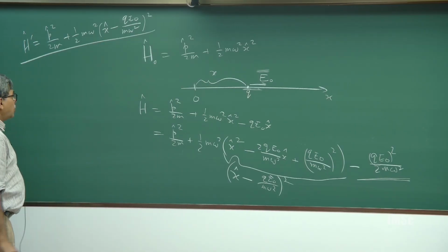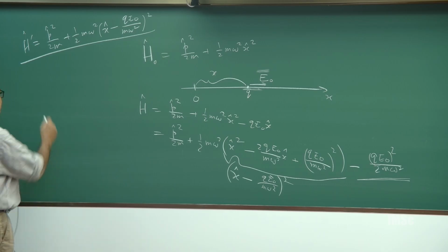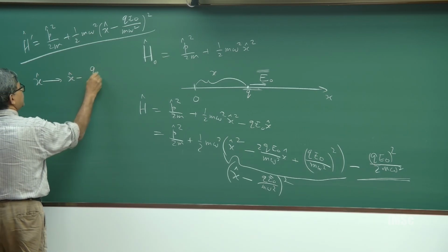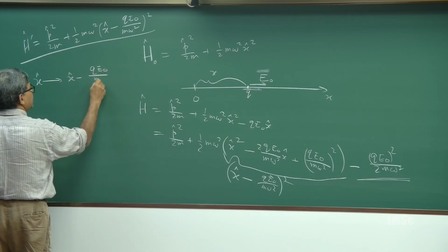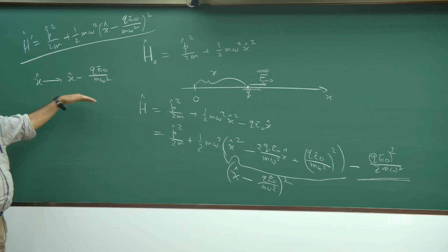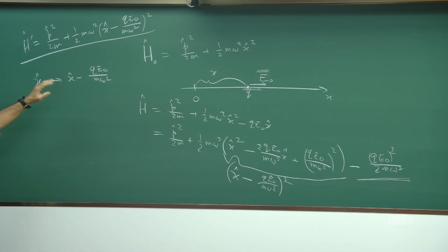Okay. So, this transformation that I take x to x minus q E naught by m omega square, this is a translation along the x axis, but in order to make it a canonical transformation, I will also have to transform P, right, because canonical transformation means you will have to take both transformation on x and P, linear canonical transformation.